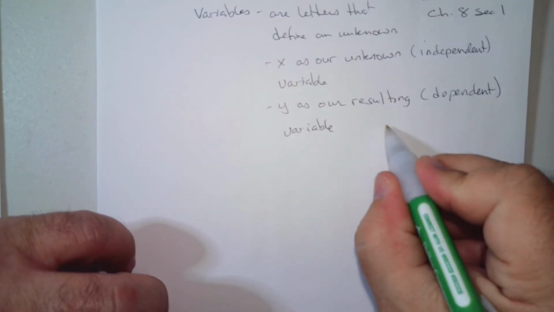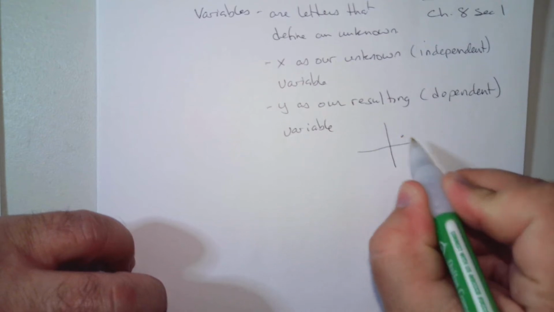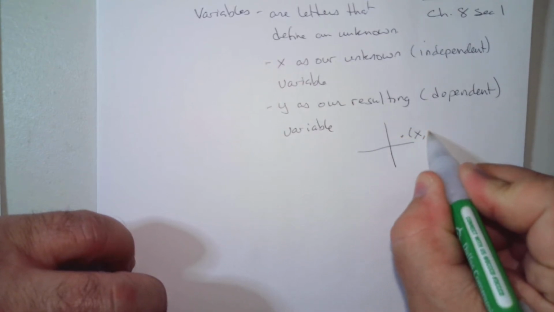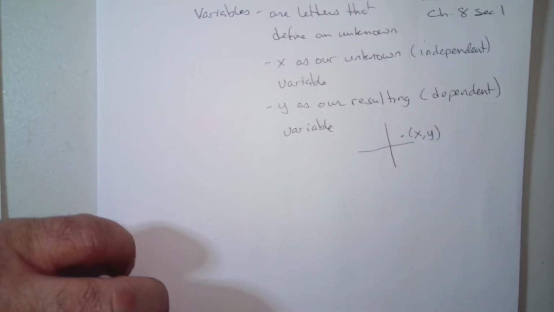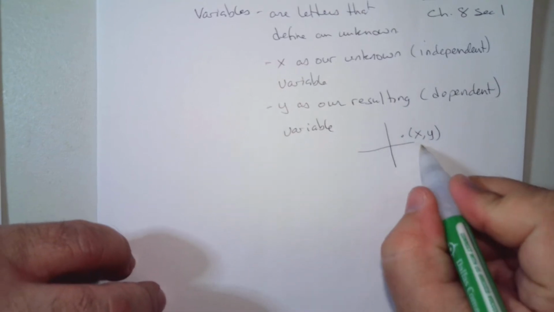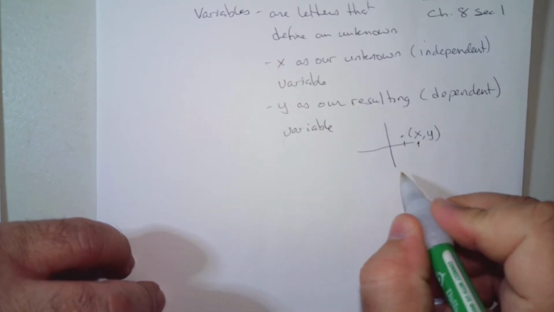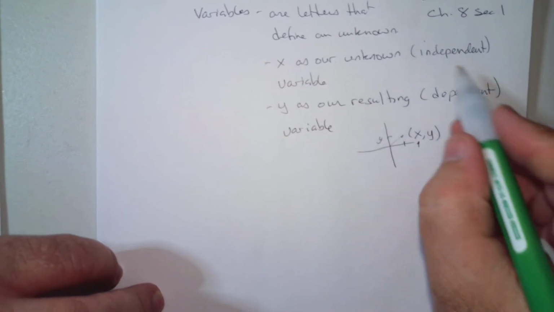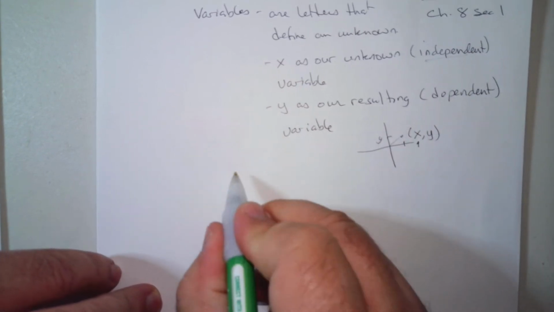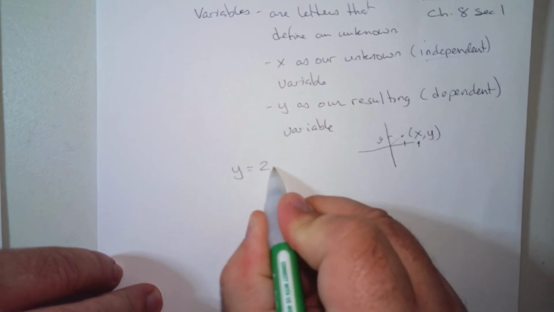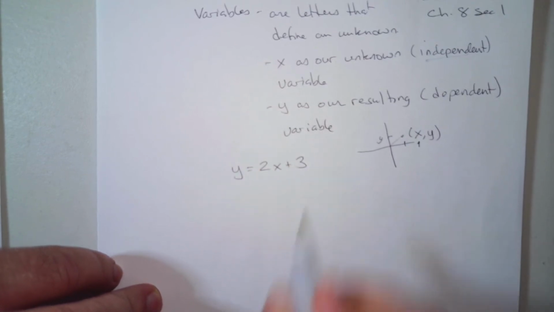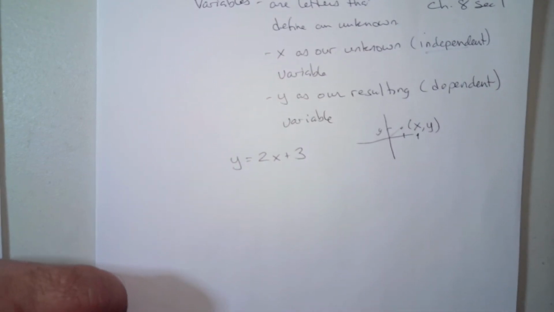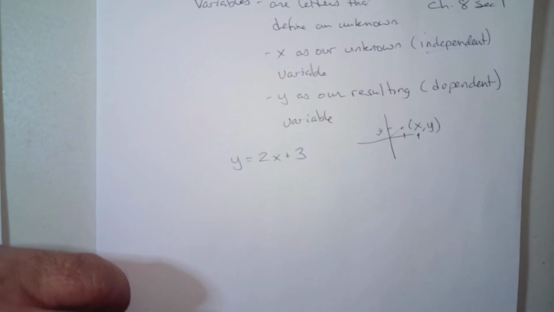Remember when we dealt with graphs, each point is made up of an x and y. You need to know what x is before you can plug it in the equation to figure out what y is. That's why x is independent, y is dependent. We have this function, this equation.